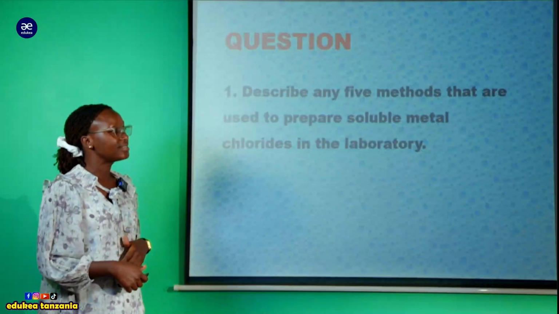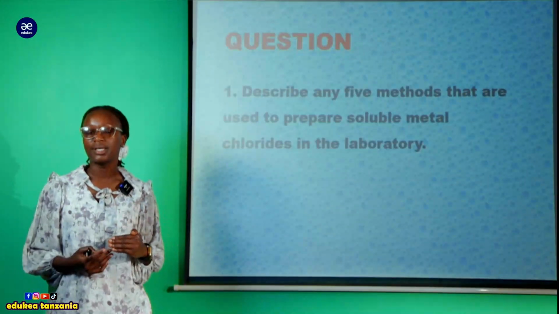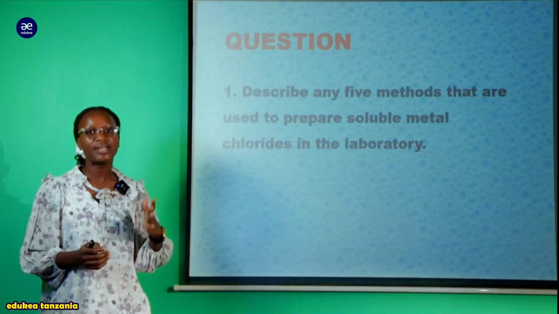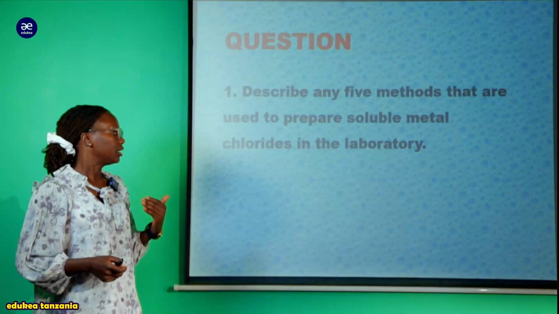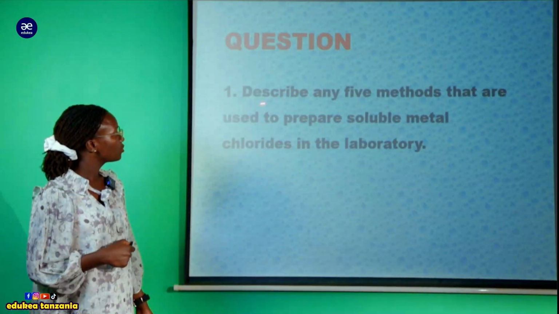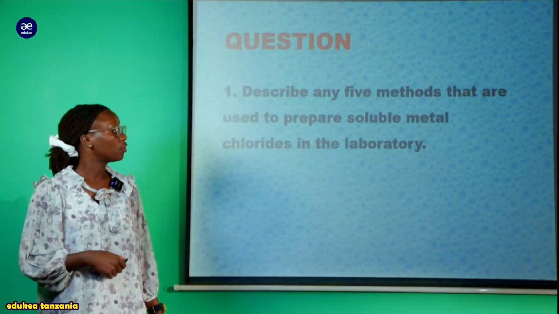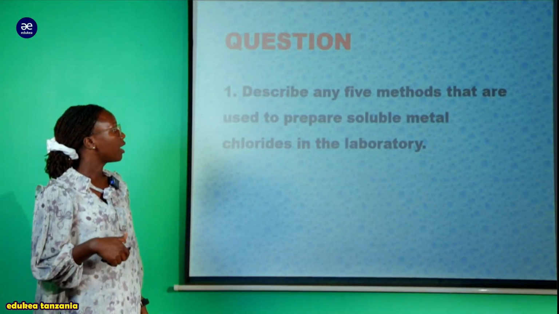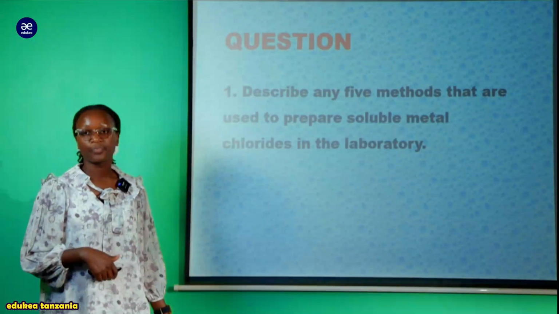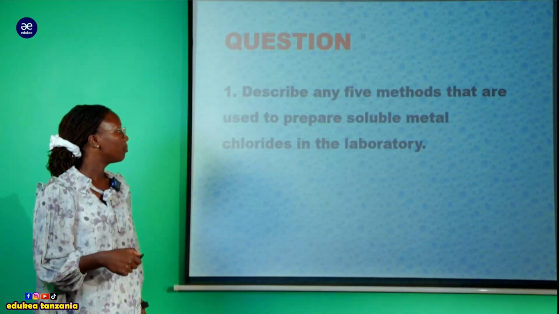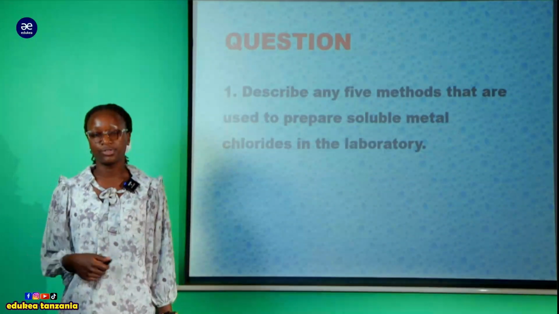So it means that hata maswali yetu yatakuwa mengi hapo kwenye hizo compounds of chloride, sulfate and so forth. So hapa swali la kwanza ni concept ya compound of chloride, ambapo tunaambiwa to describe any 5 methods that are used to prepare the soluble metal chloride in the laboratory.